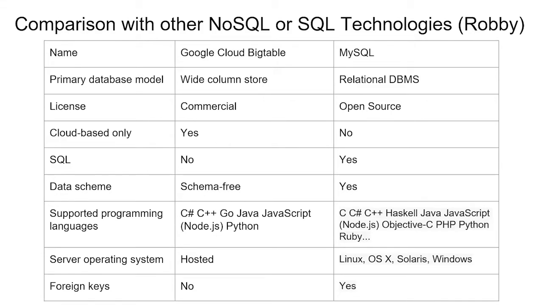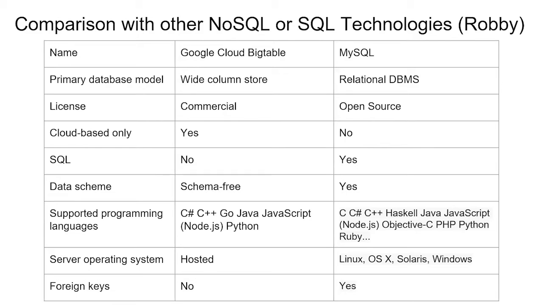Google Cloud Bigtable is supported by C#, C++, Go, Java, JavaScript, and Python. MySQL is supported by C, C#, C++, Haskell, Java, JavaScript, Objective-C, PHP, Python, Ruby, and so on. There is no limitation of server system for Google Cloud Bigtable, since it's cloud-based.